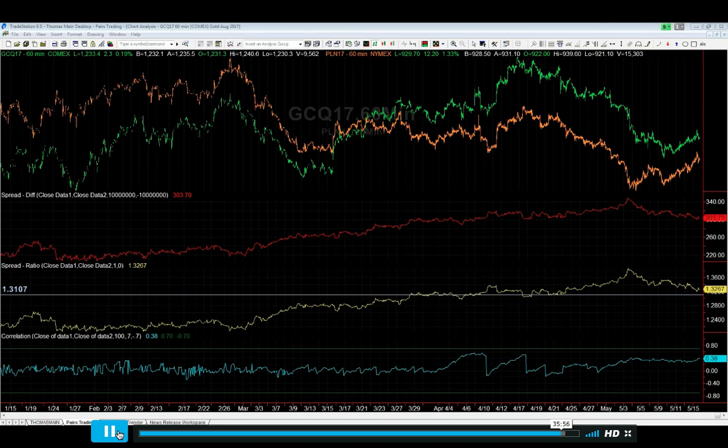Unless something happens where one market just takes a nosedive or that one market rips through the roof and the other one just doesn't move. Does that make sense?